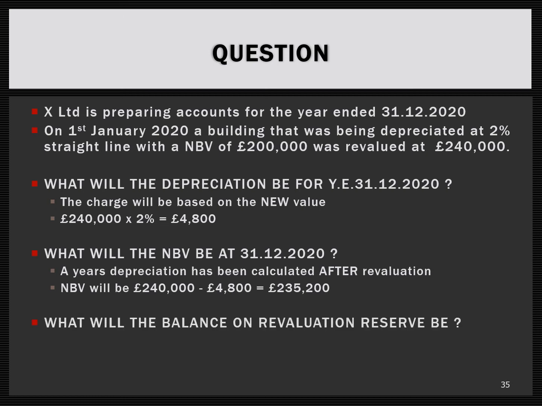And what will the balance sheet revaluation reserve figure be? Well, the net book value was 200,000. We're revaluing it to 240,000, and so the revaluation reserve will show the increase of £40,000.